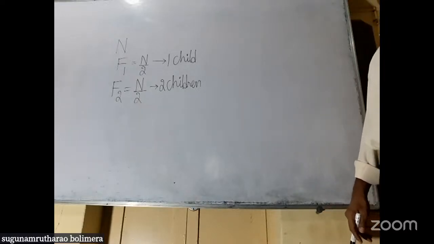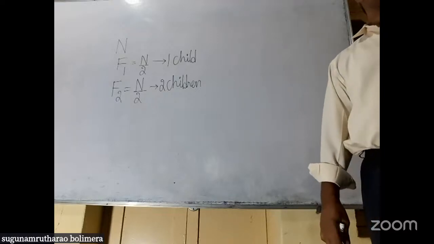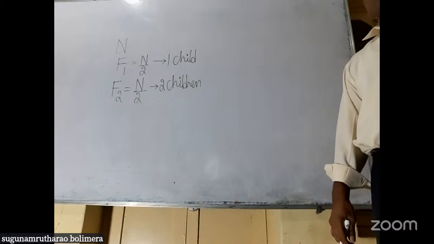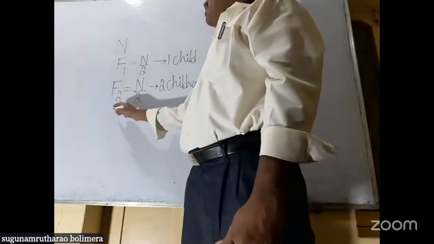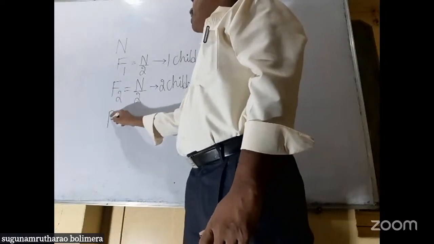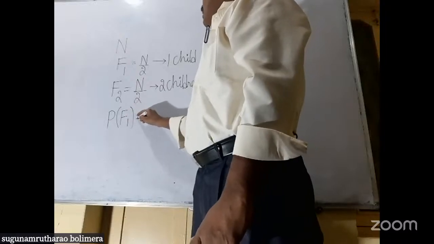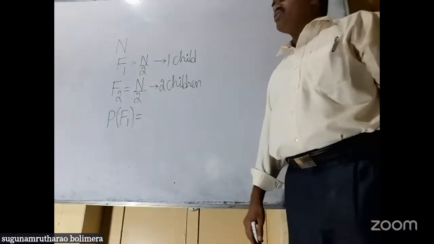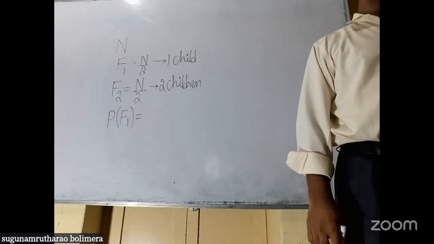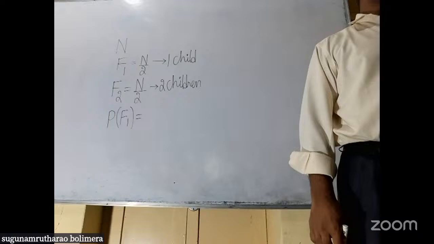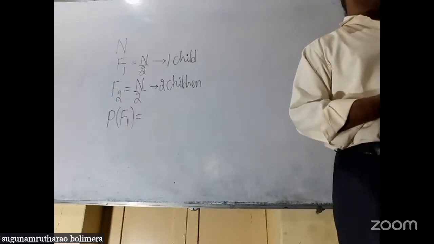So it is very clear. What is P of F1? Equal number of family size.